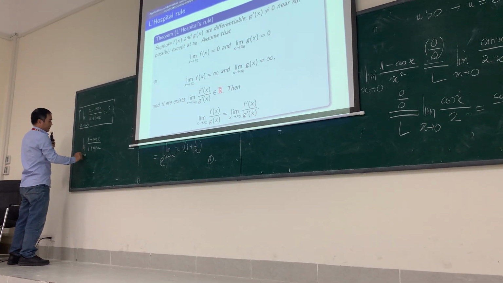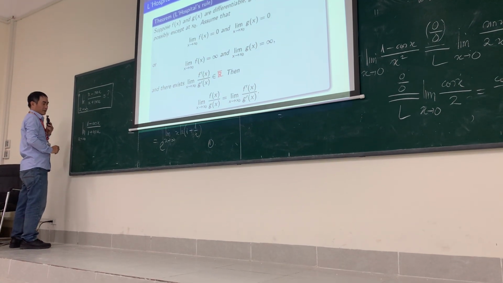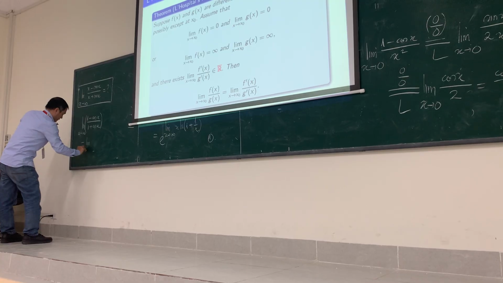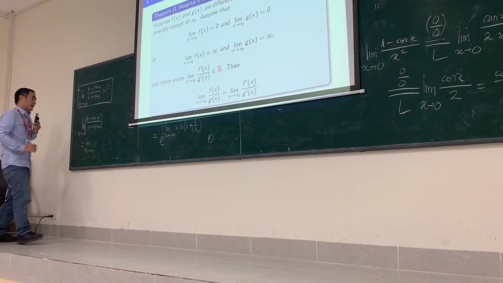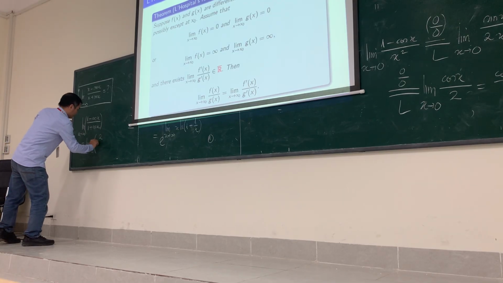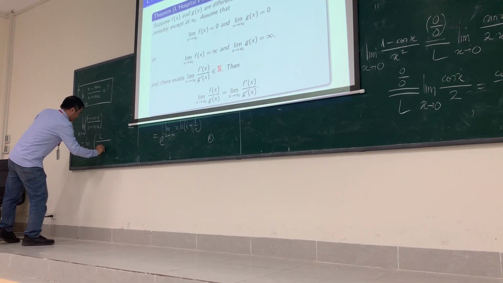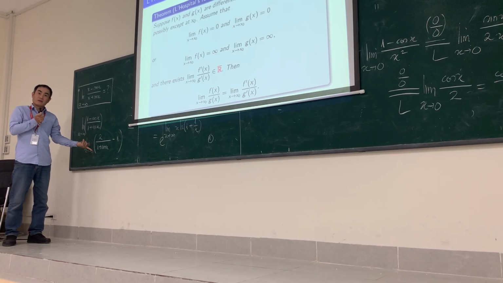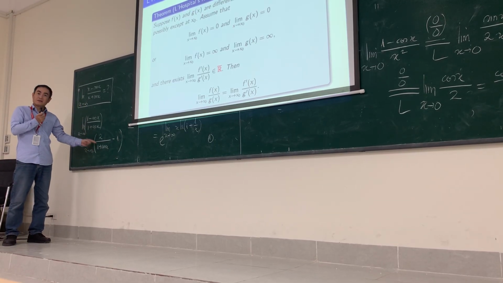As x tends to infinity, you can rewrite the expression as 2 over 1 plus cosine x, minus 1.